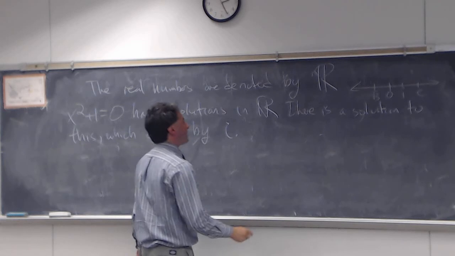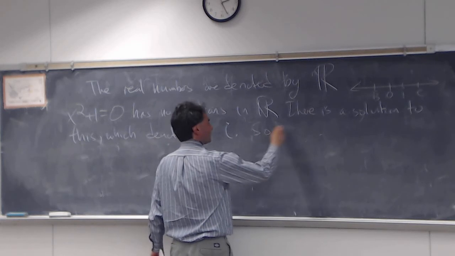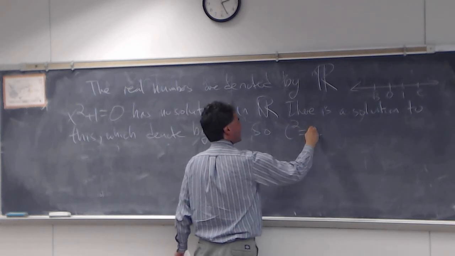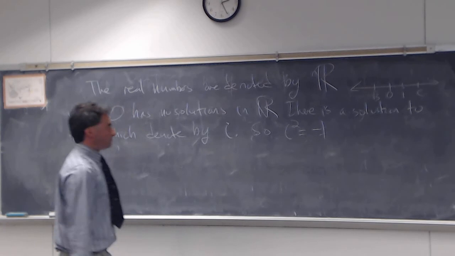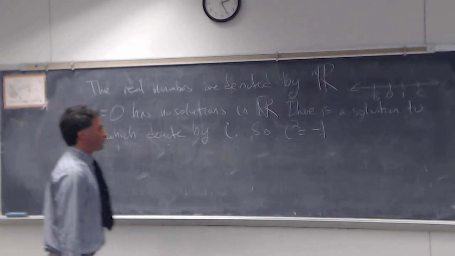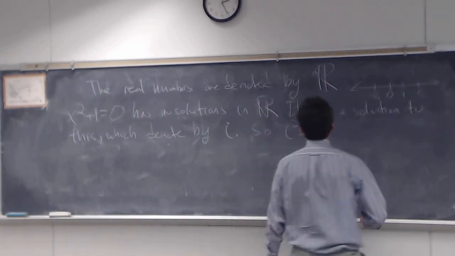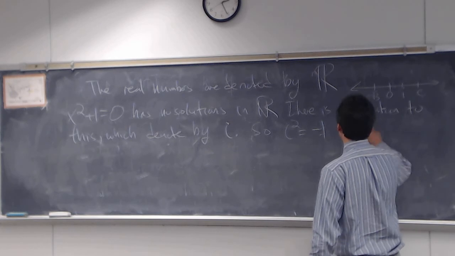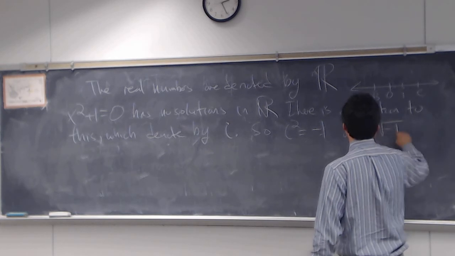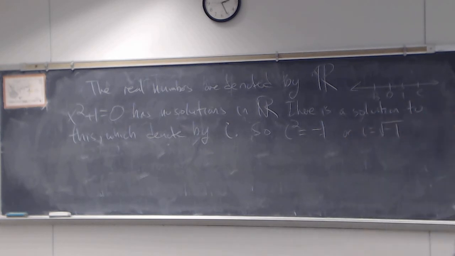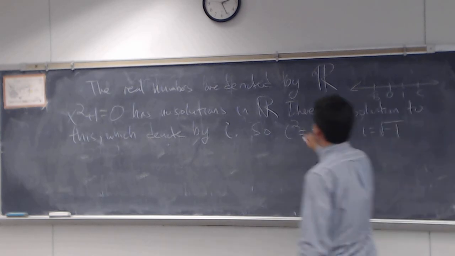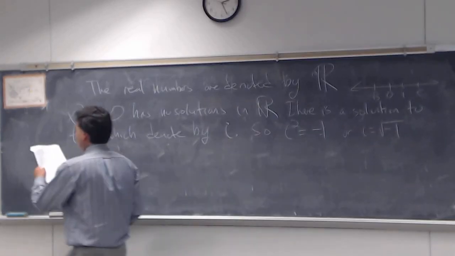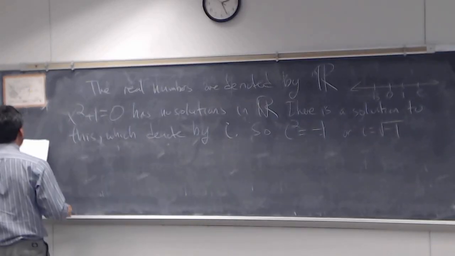You can think of the defining property as i squared equals negative 1. Think of i as being the positive square root of, sorry, the positive square root of negative 1. So then we define the complex numbers.